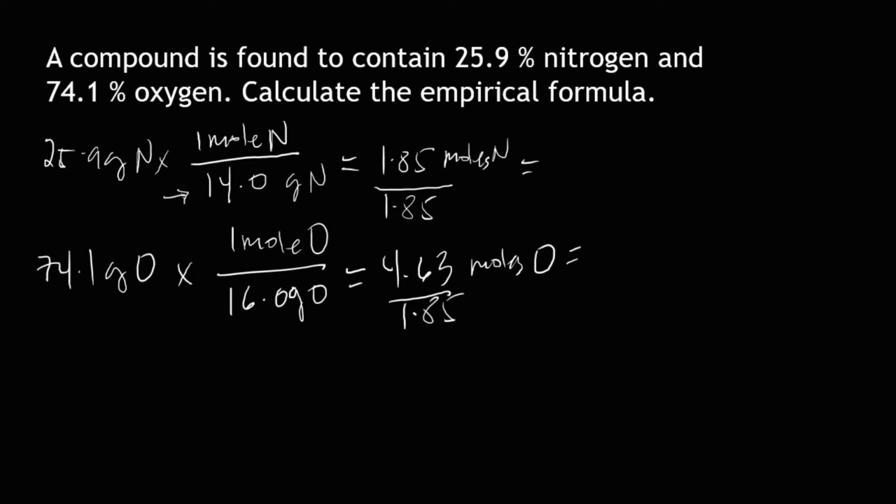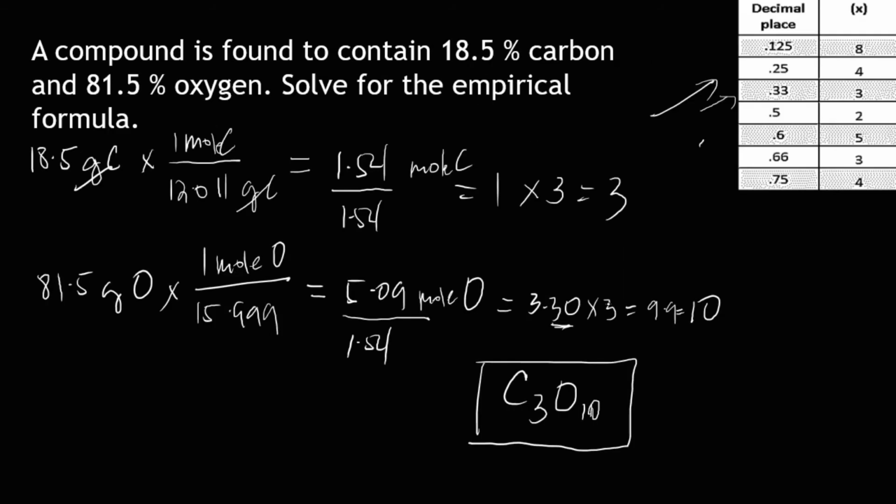That gives us 1, and then here is 2.5. Now we have another scenario, which is 0.5. We want to remove the 0.5, so we use our cheat sheet to come up with a whole number. Since the ending is 0.5, we have to multiply by 2.